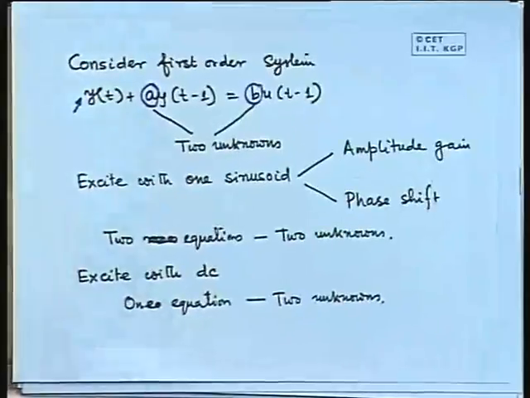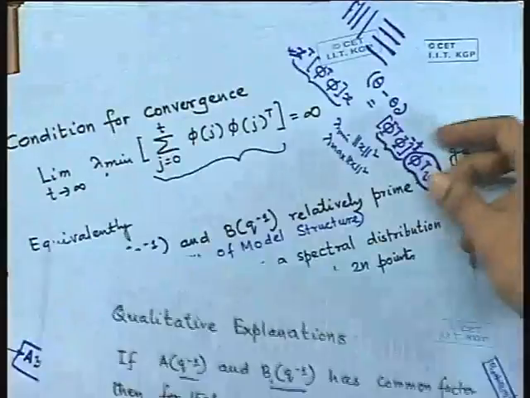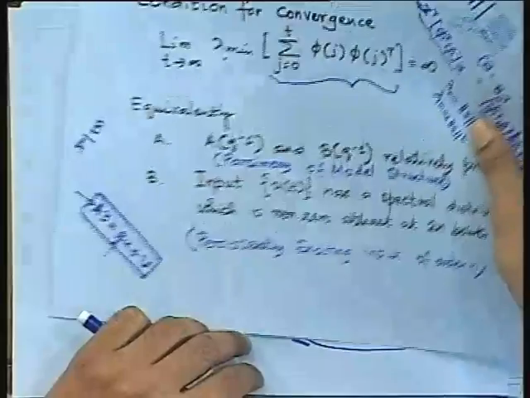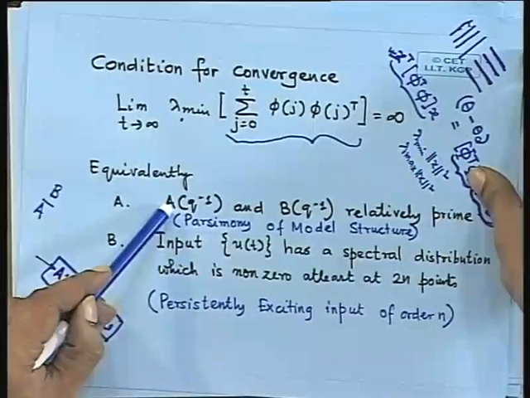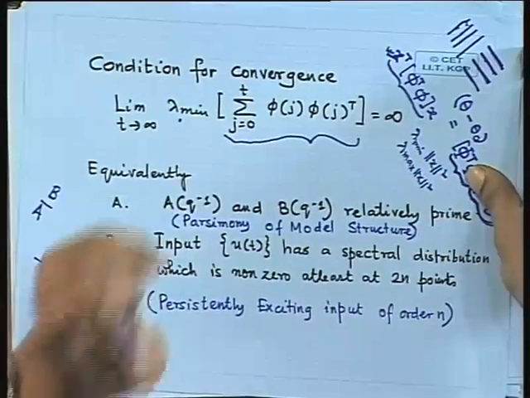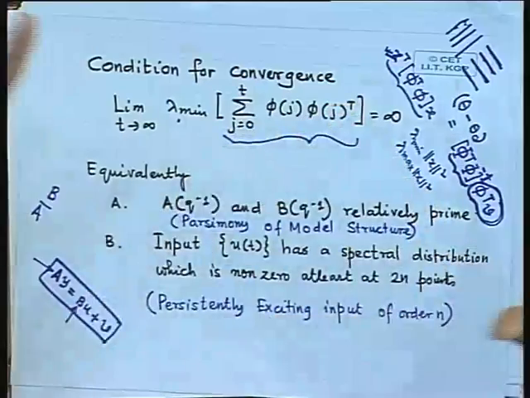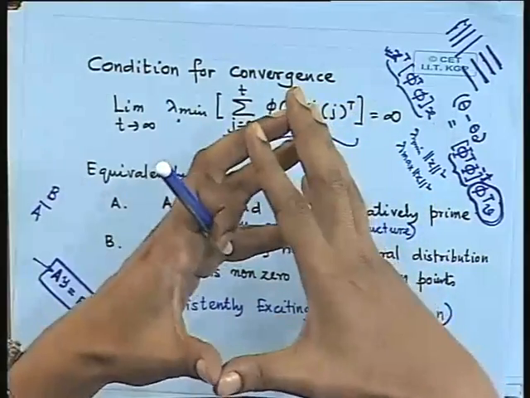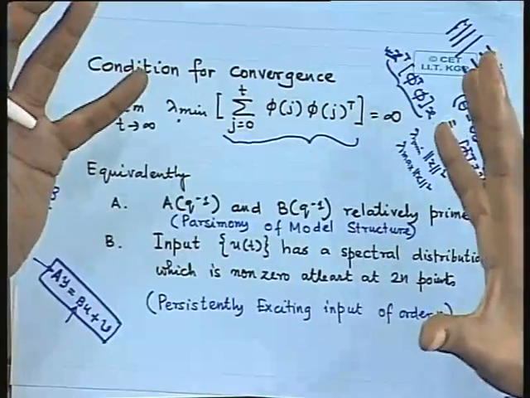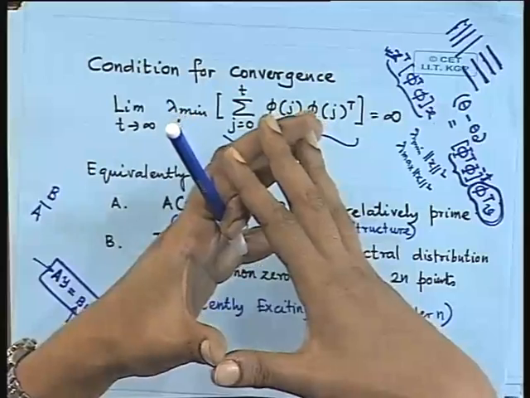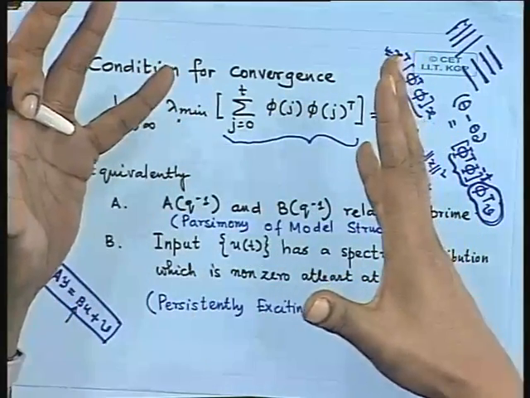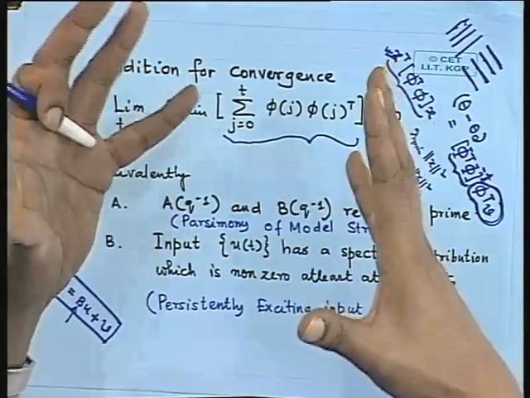But remember that these two are very, very well known conditions for any identification: the model structure should be simple enough. It should not be over parameterized, because if it is over parameterized, then you will encounter this non-uniqueness of solution problem. On the other hand, where from have you got the identification data?